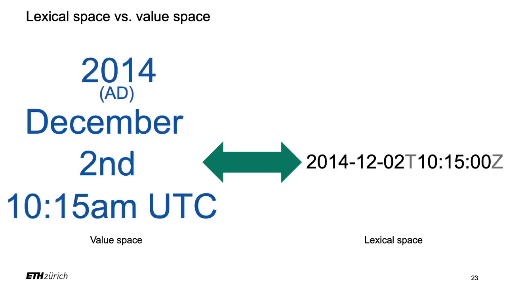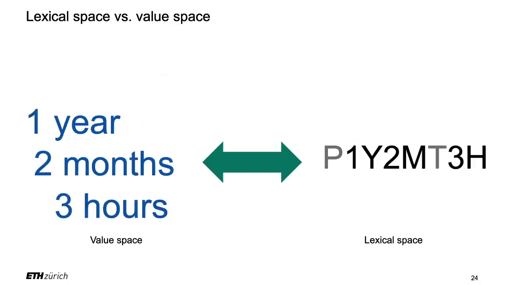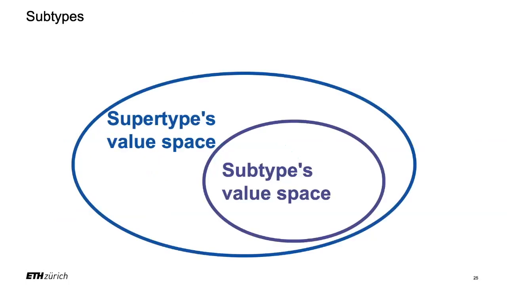The T, that's the same T we had here, the wall between days and hours. T, and then 3H or 3 hours. Note that what I did here is for the purpose of illustration, but you shouldn't do this because 2 months and 3 hours is ambiguous, right? But I just wanted to show you the general syntax, but typically you either have something on the right of the T or on the left of the T, but not both at the same time.